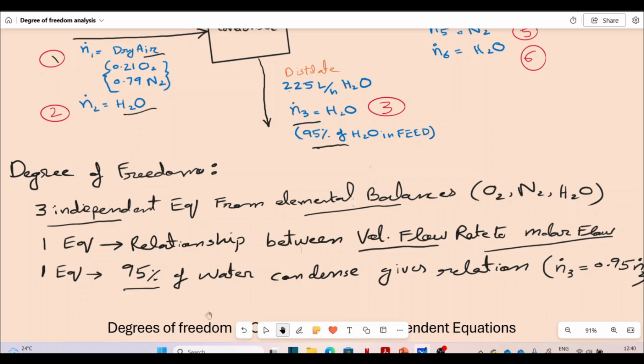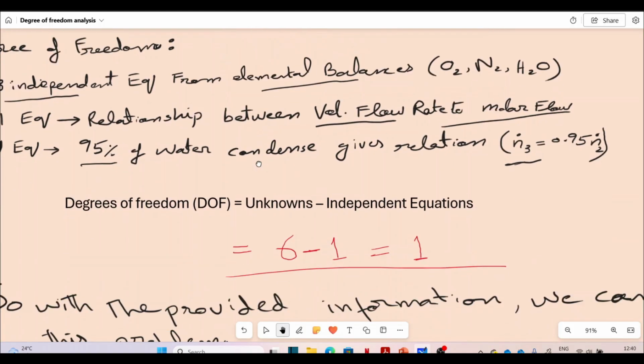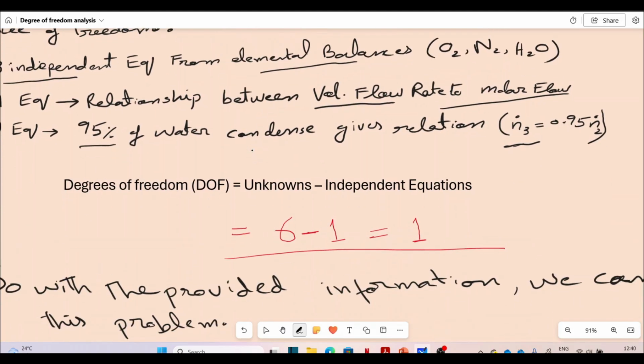And this can be written like this: the molar flow rate coming out from the condenser is equal to 0.95 times the molar flow rate entering in the feed. So here we have 6 unknowns, and we have 5 independent equations. So degree of freedom is 1.